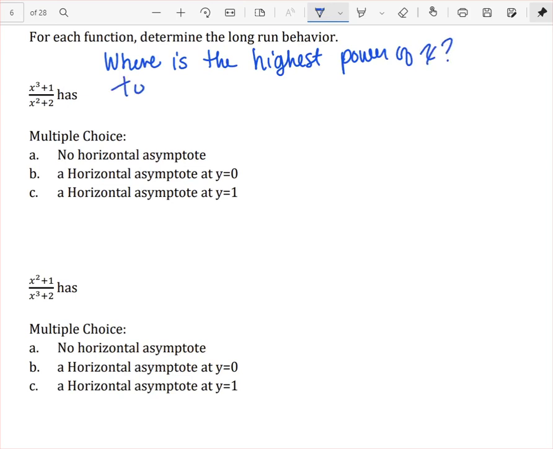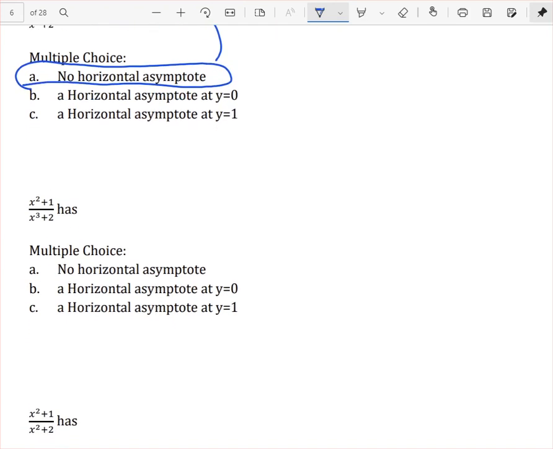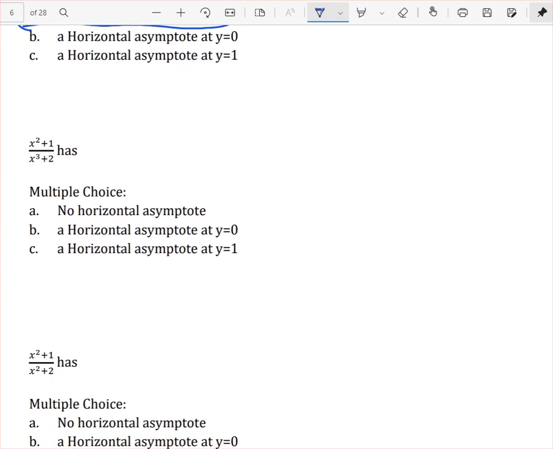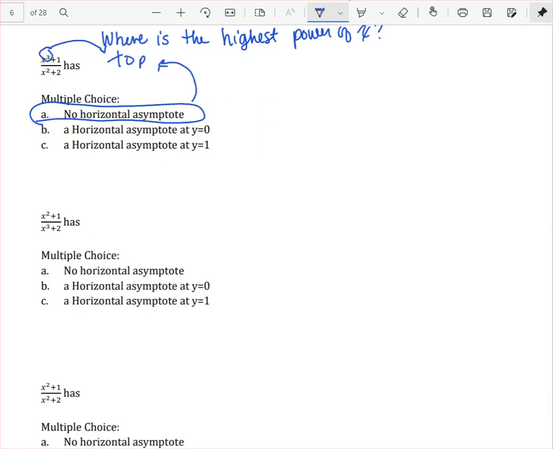And in this case, it's on the top. So if it's on the top, you don't have a horizontal asymptote. This one, the highest power, is on the bottom. So when that's the case, it's this one.